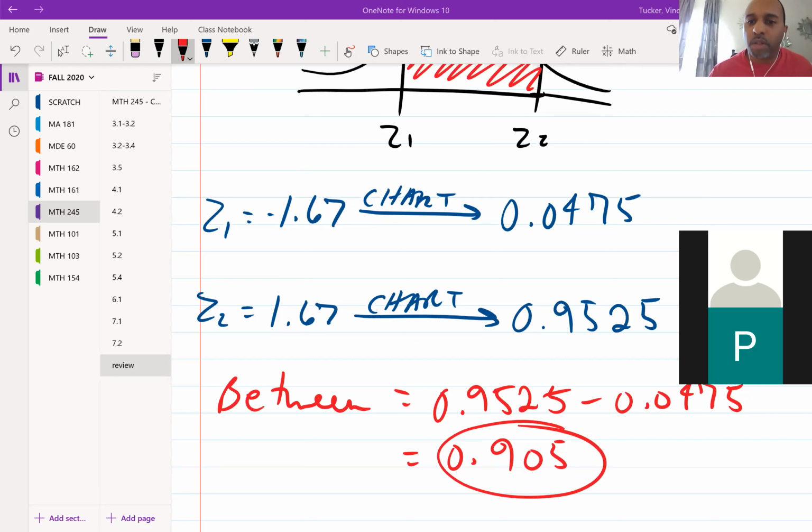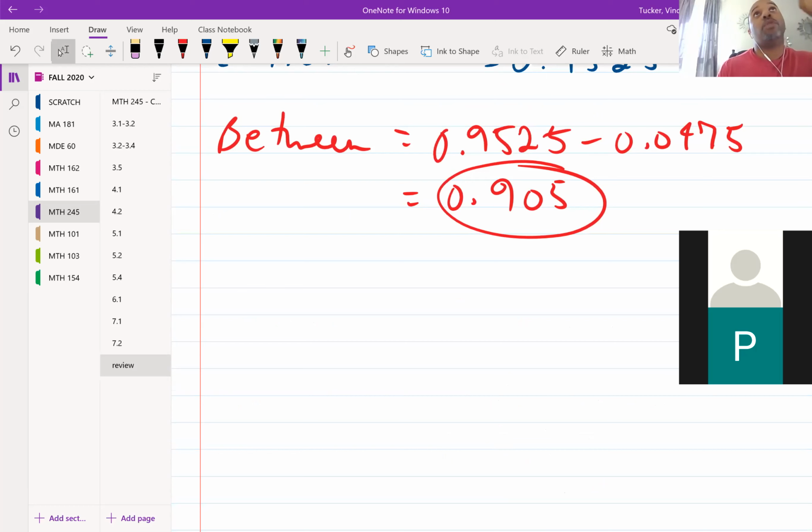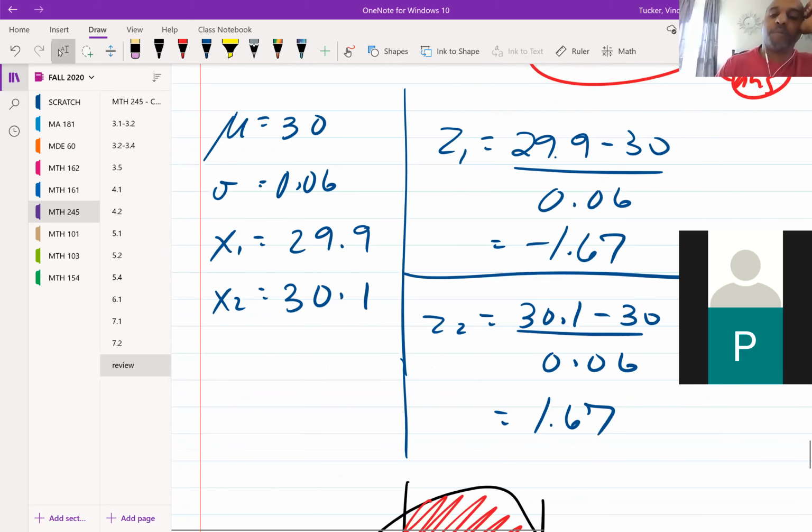Okay, I see what I'm doing. I'm trying to make sure I can explain it properly, as to why we do it versus just saying do this. The way we're looking at it, this is a percentage of values that will be between 29.9 and 30.1.